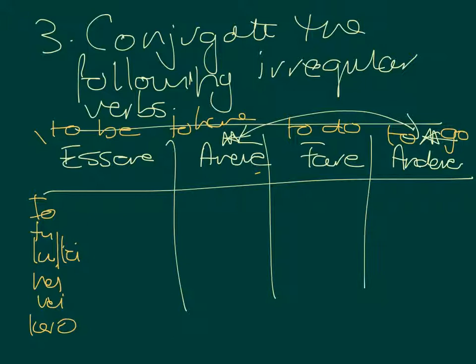Fare, andare, vado, andate, vanno. Be very careful. Make sure you learn them by heart. There's only 4 verbs there that you need to know by heart. All right, so it's not that hard.